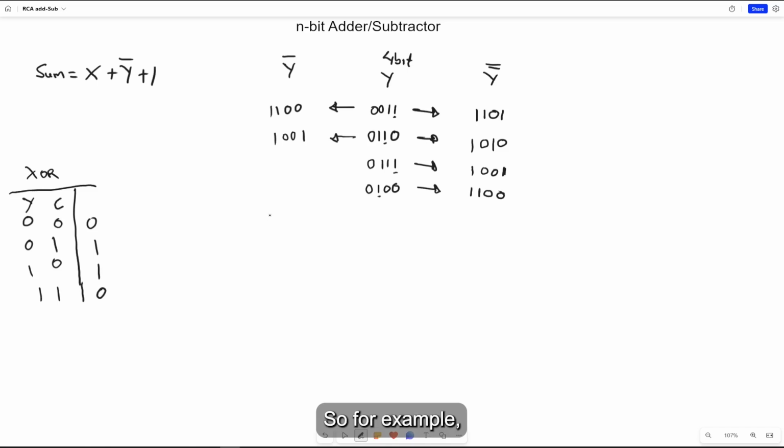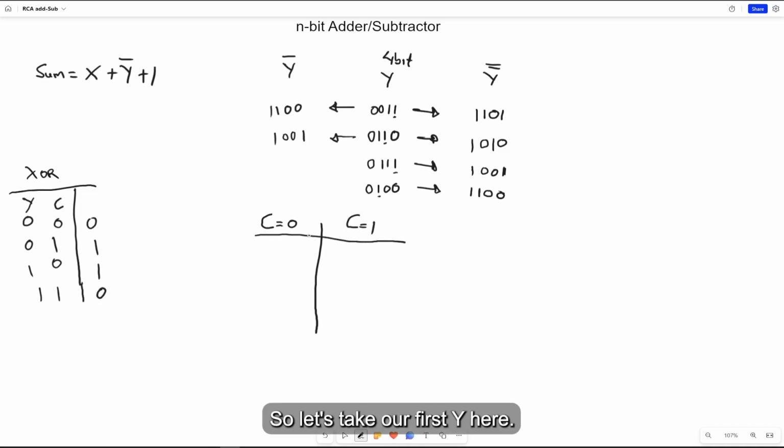So for example, if C is equal to 0 and C is equal to 1, let's take our first Y here. Our Y, we have a 3 here. So let's find the first complement using this truth table here.